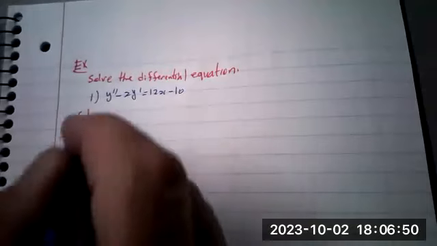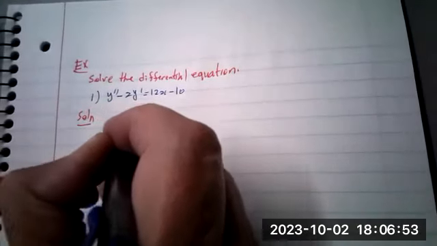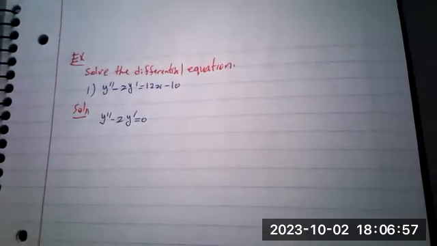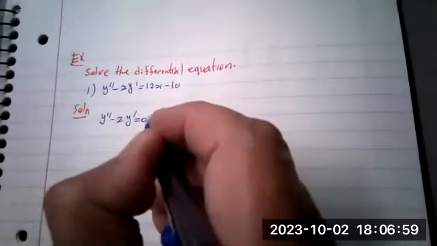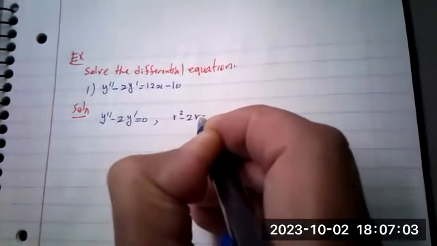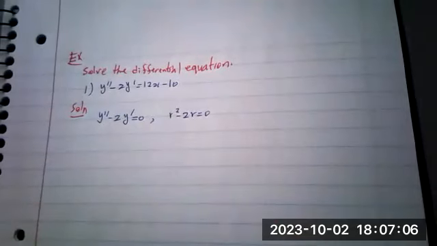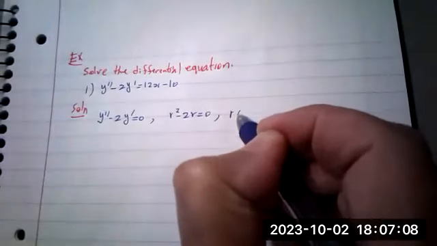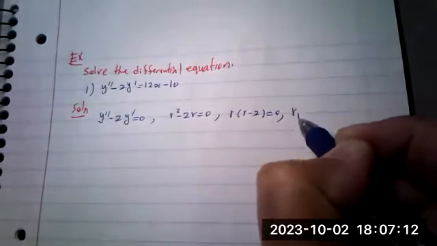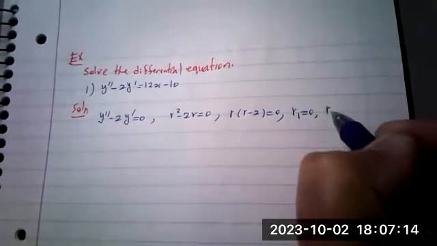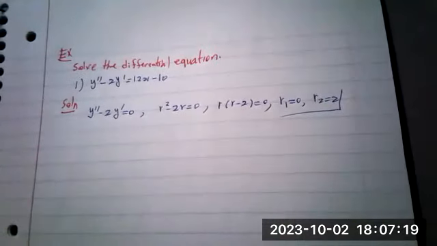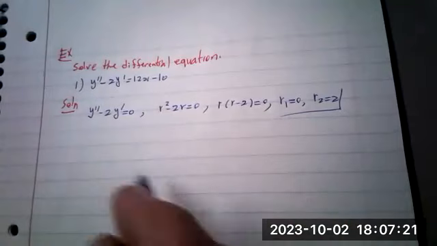First, we are going to solve the homogeneous one. Coefficients are constant. So for the characteristic equation, r squared minus 2r equals 0, solve it. r times (r minus 2) equals 0. So we get two solutions, r1 equals 0 and r2 equals 2. Okay, so we have two distinct solutions, and you know what the general solution is.